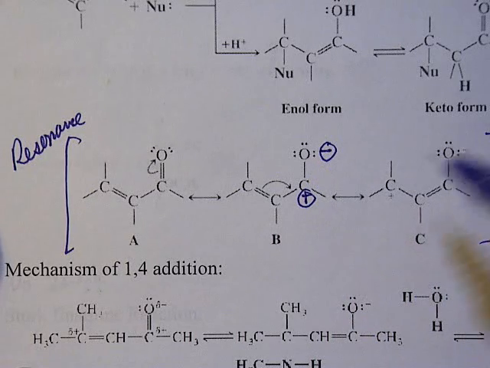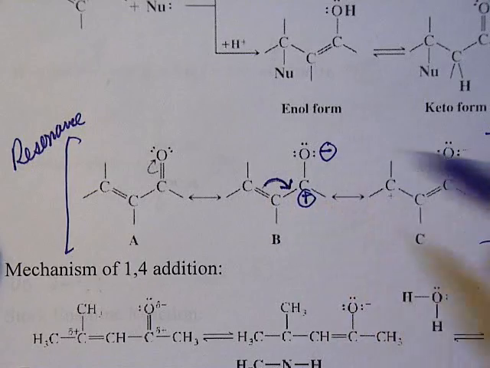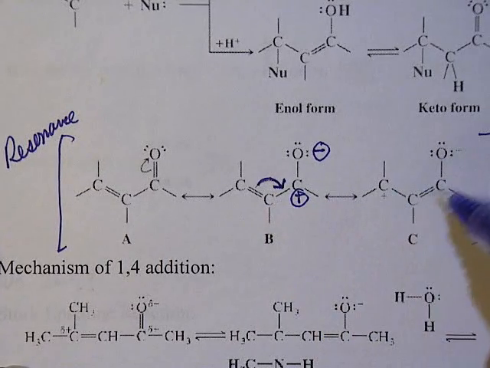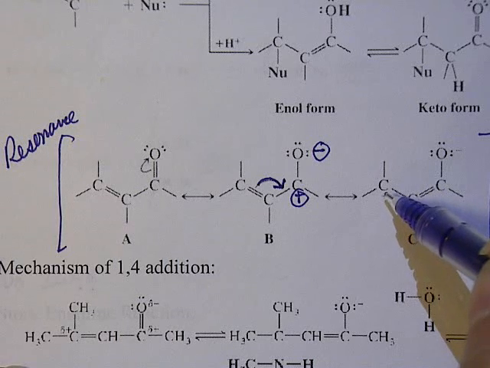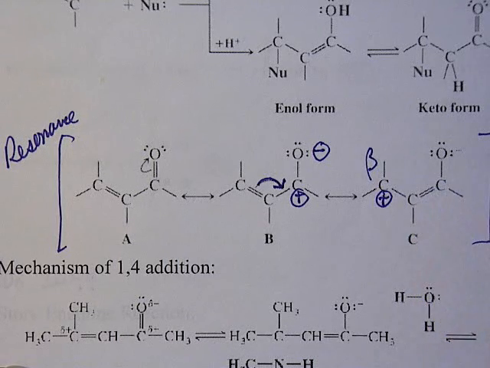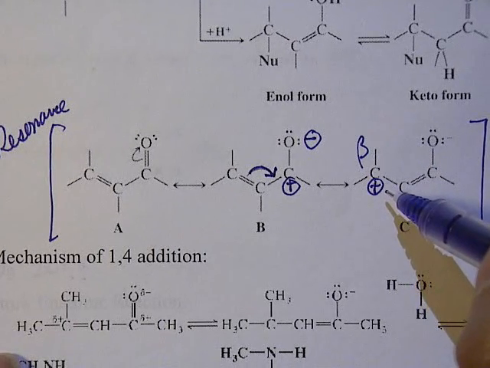But when you draw that, you know that you could draw another resonance structure in which the double bond moves over to that carbon, which causes this beta carbon to have a positive charge as well.